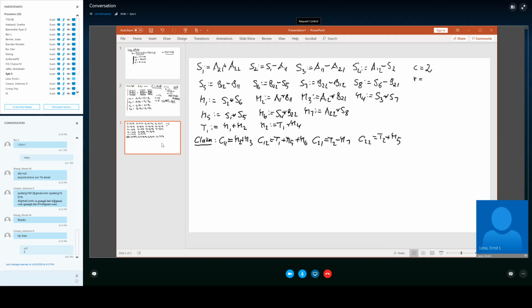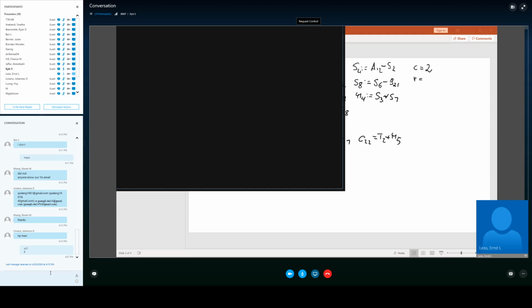So the C obviously is still the same, 2. But the question is, what is R? How many multiplications do we actually have?